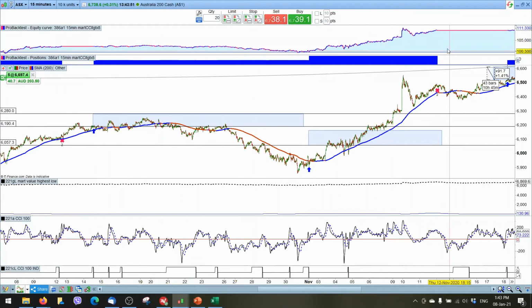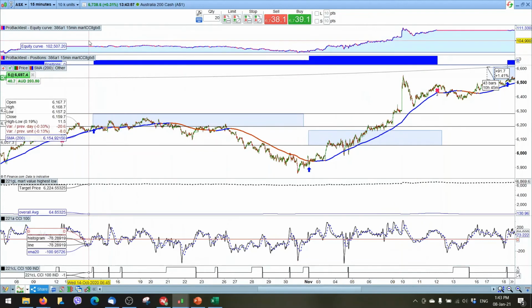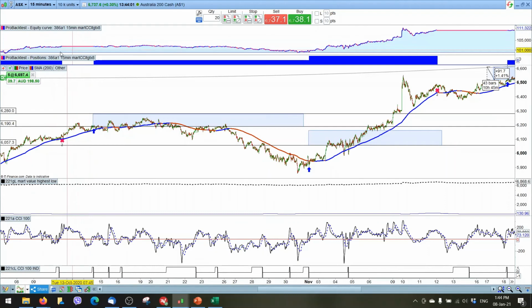It's about 6,700 points. That's based on 8 contracts, so depending on how many contracts you traded, that's the profit you would have made. So that's the average down strategy.